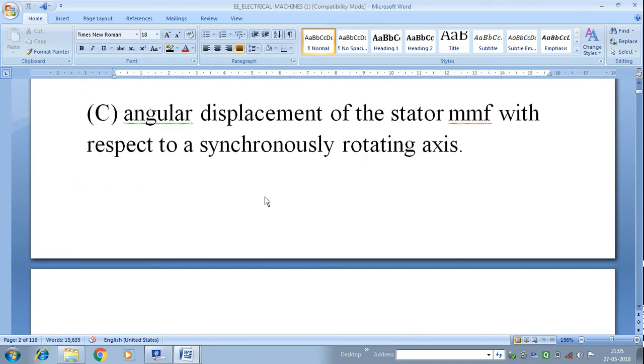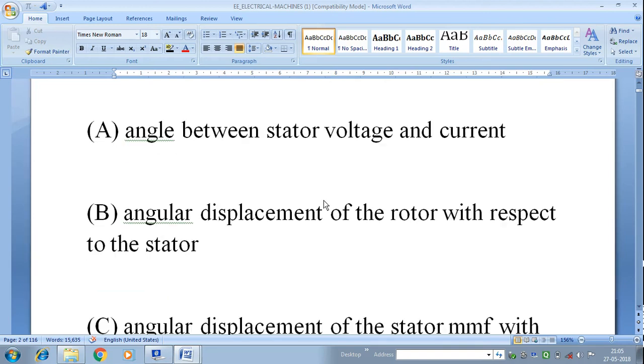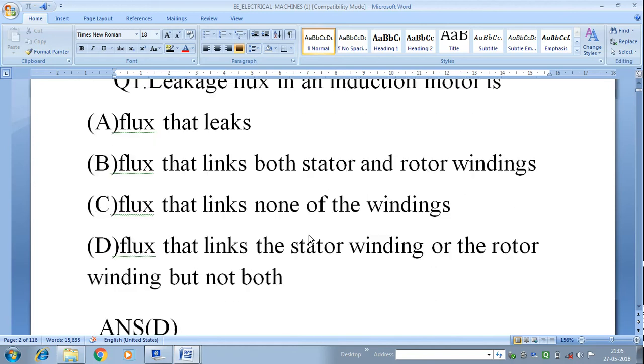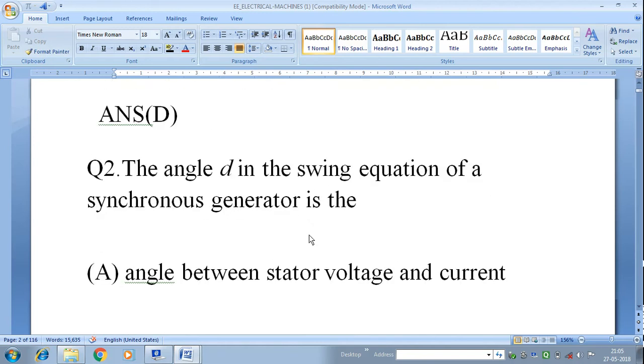Let us consider a synchronous generator running in steady state, that is, supplying a constant load. Suppose now we increase the load or decrease the load. This period is called your transient period.